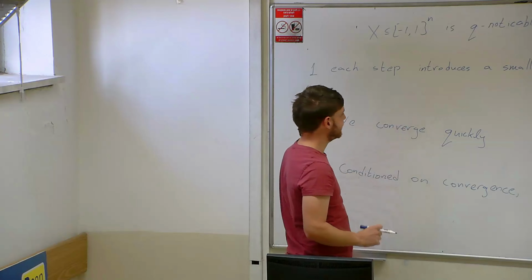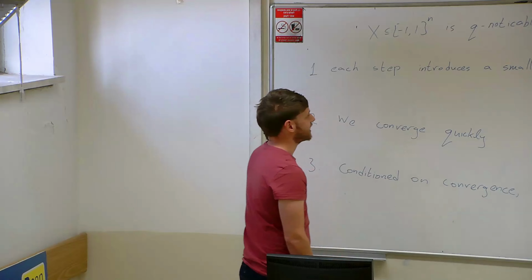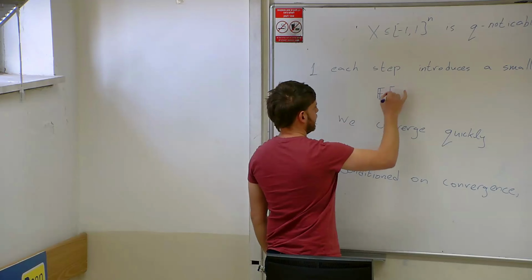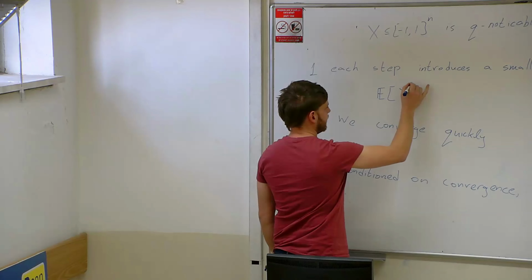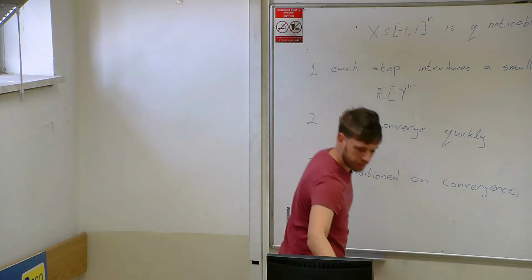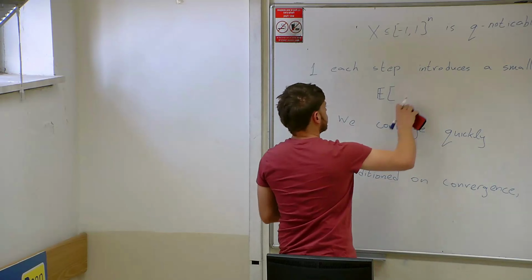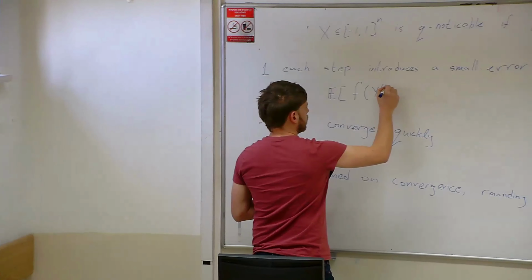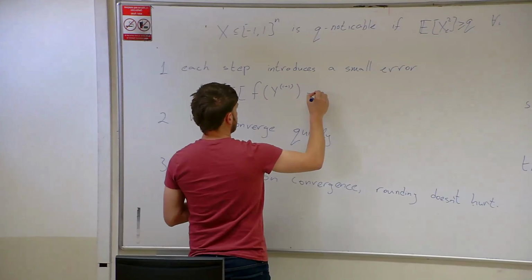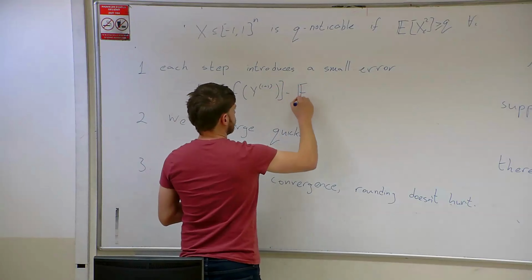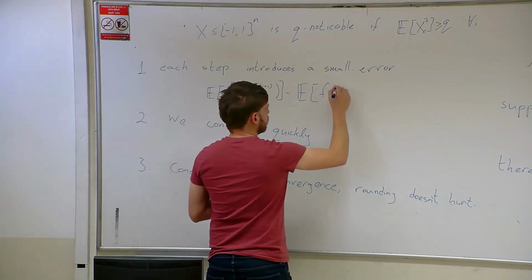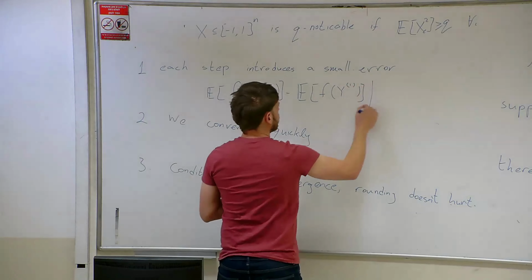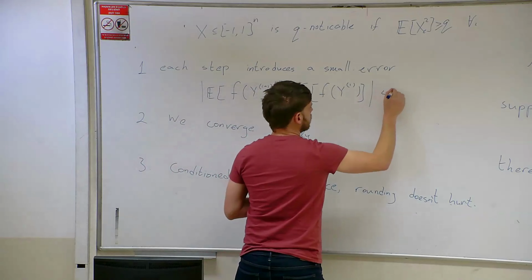Okay, so let's make these quantitative. Each step introduces a small error: the expectation of f evaluated on y i plus 1 minus the expectation of f evaluated on y i is smaller than epsilon.